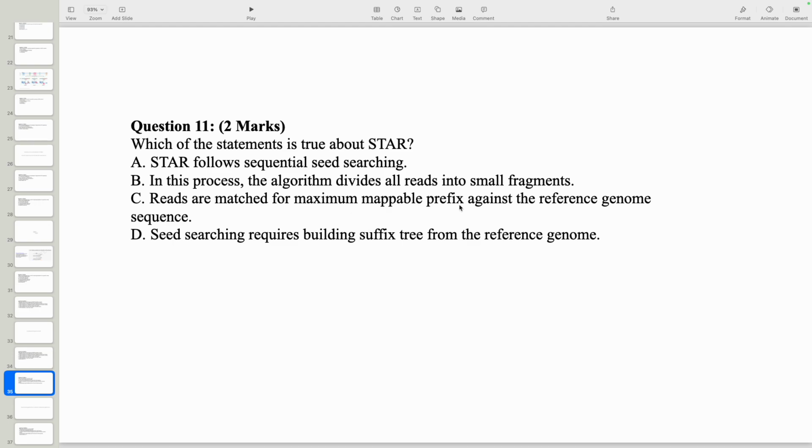Then here in this algorithm, we'll not go into the algorithm, so we'll have some prefix. So these reads will match to the maximum mappable prefix. Against that, it will find some locations based on a few algorithms, which is the maximum mappable to the reference genome. So first it would search for the seeds, then it will map to the reference genome.